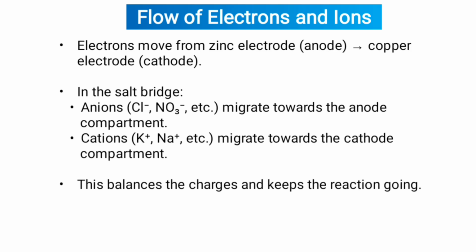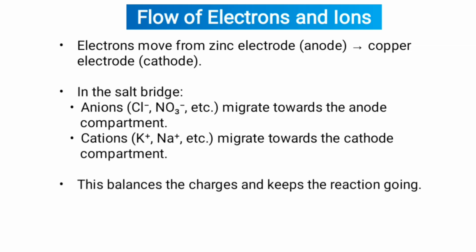Now, flow of electrons and ions. But dear student, electrons move from zinc electrode, the anode, to copper electrode, the cathode. And in the salt bridge, anions migrate toward the anode compartment.